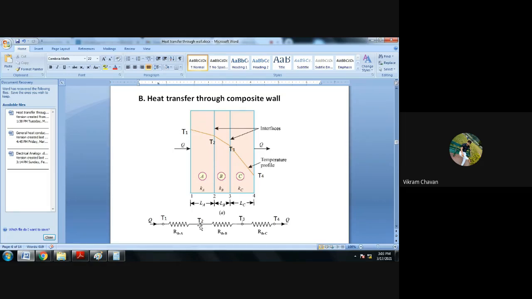Heat flows through wall A having thermal resistance of RTH suffix A. Wall B having left hand temperature T2 and right hand temperature T3.